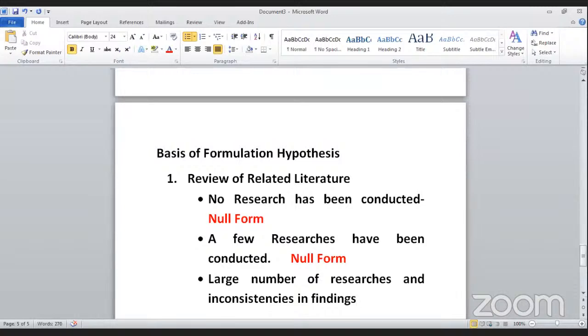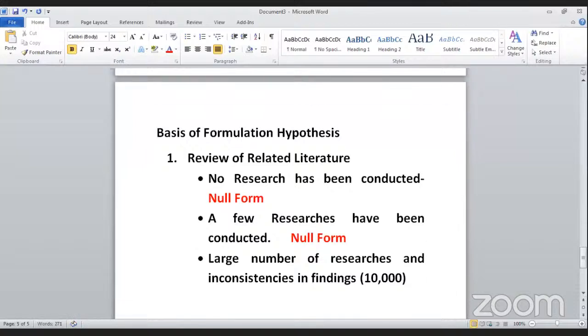Now here I'm just considering, suppose approximately, let us say that 10,000 researches have been conducted where they have compared the stress of males with the stress of females.